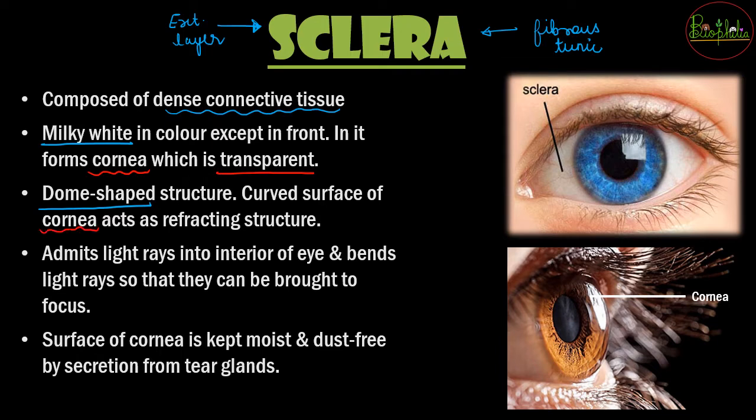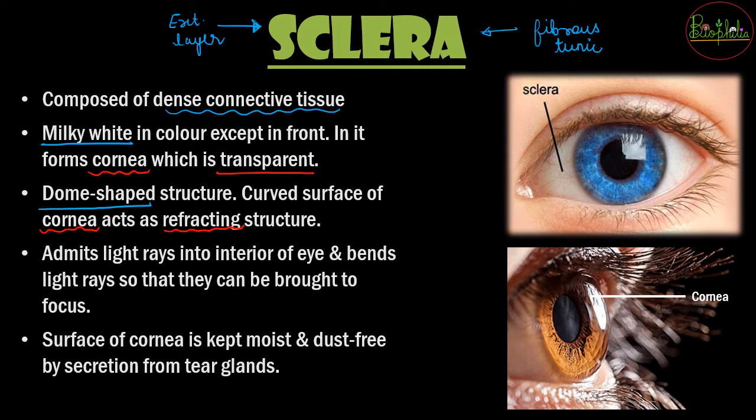So this cornea is going to act as the refracting structure because light rays need to get bent and bending of light is going to be called as refraction. So it is not reflection, the light rays are not bouncing back off the eye but वो eye के अंदर enter कर रहे हैं by bending. So bending phenomenon is the refraction.